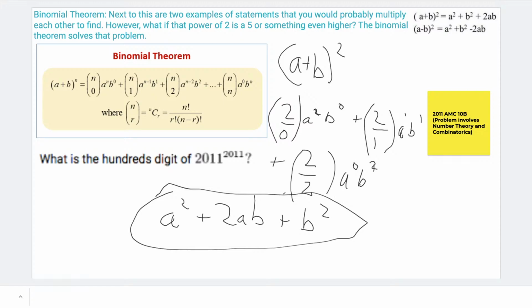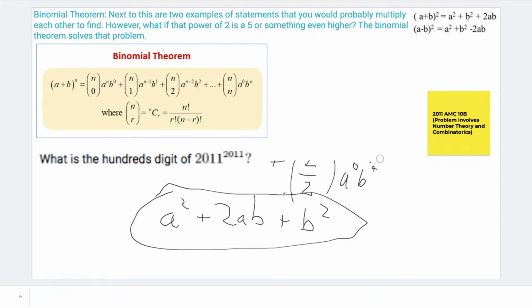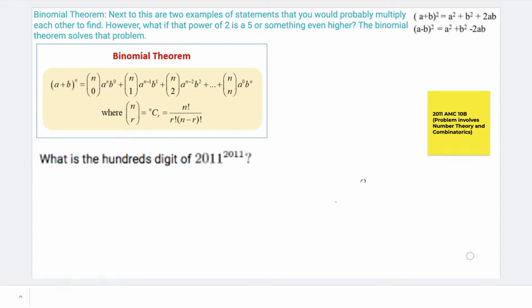Now this is a very good example problem for the binomial theorem, and it involves some number theory and combinatorics. If you remember from yesterday's class, to find the hundreds digit, this is impossible directly: 2011 to the power of 2011 is monstrously large. But if you work in mod 1000, you'll get 11 to the power of 2011.